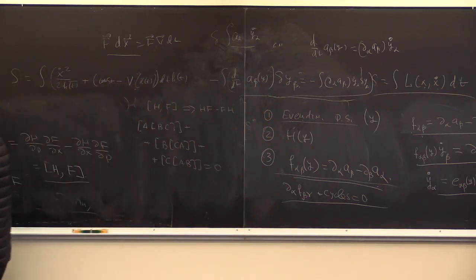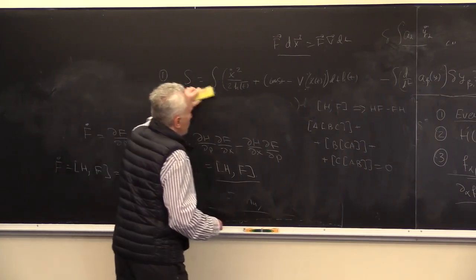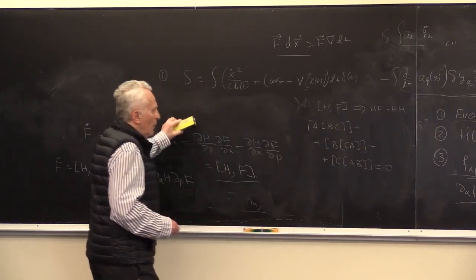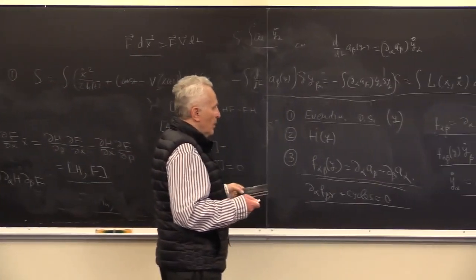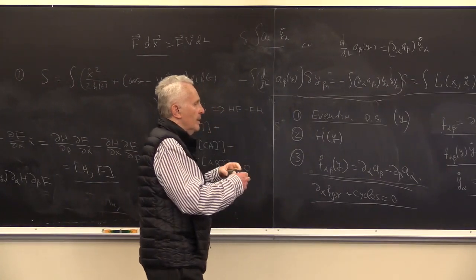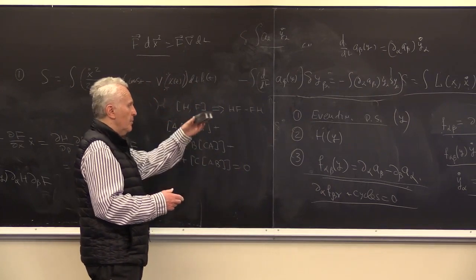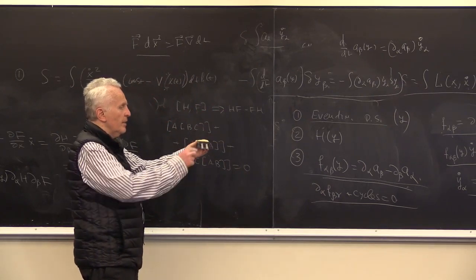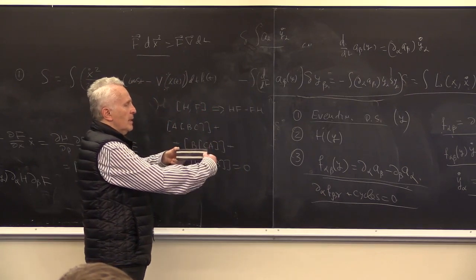And for that I need to tell you a few things about commutation and about the meaning of commutators. Well, the most obvious example of non-commutativity is when you take, say, this eraser, you rotate it 90 degrees this way, then 90 degrees this way.